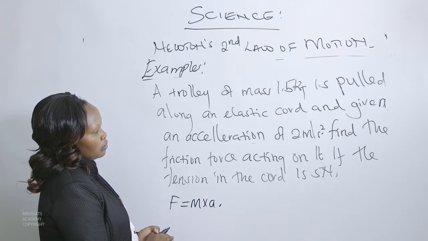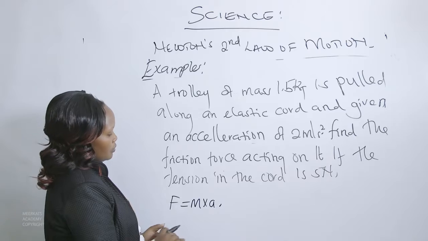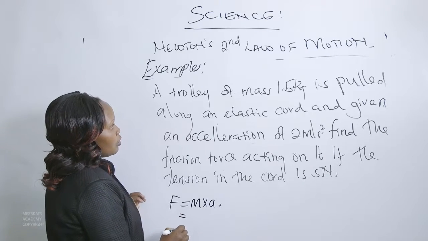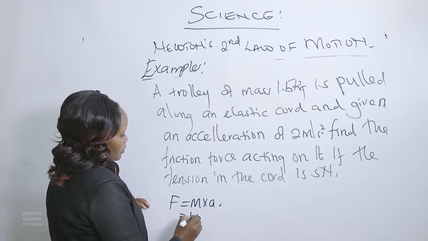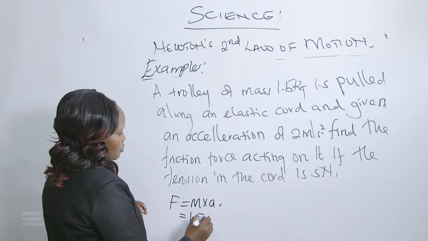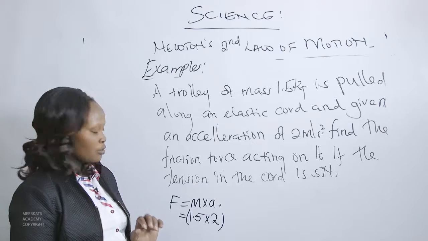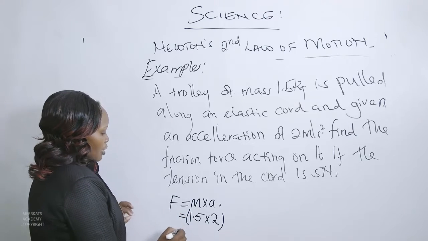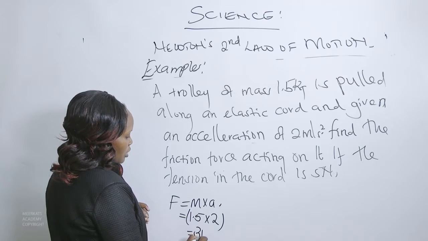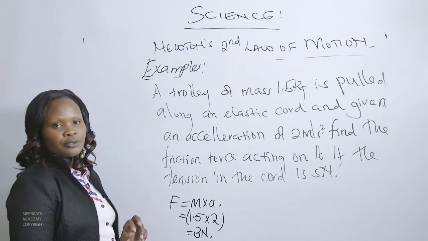Now, we have a mass of 1.5. This one we are supposed to multiply by 2, which is our acceleration, to come up with a force of about 3 newtons.